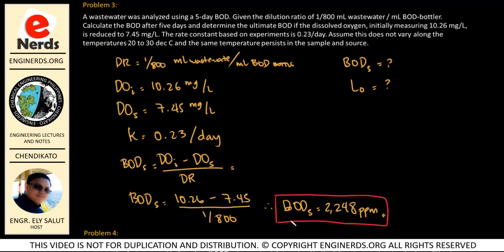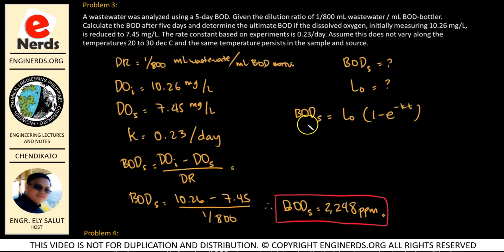Now, the second requirement is to find out kung ano yung value ng ultimate BOD. Okay, so gagamitin natin yung ating formula using our base E, no? So we have BOD5 is equal to LO times 1 minus E to the negative KT.